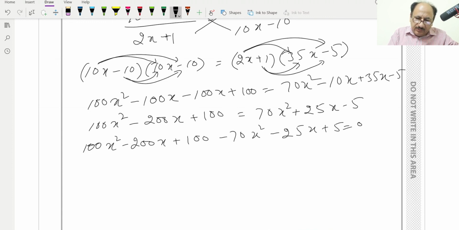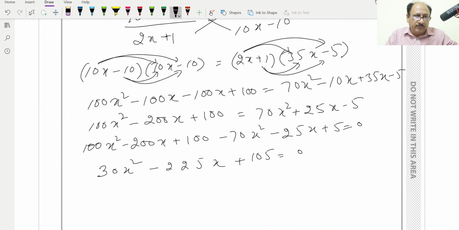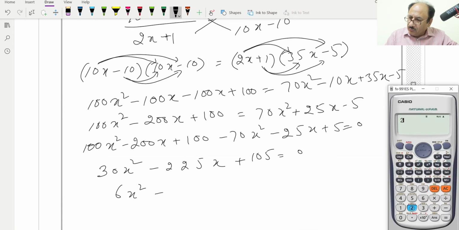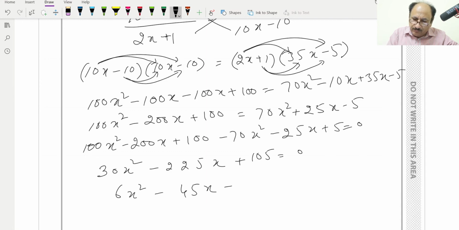This is our equation. We can divide everything by 5, so it will be 6x squared minus 45x plus 21 equal to 0.